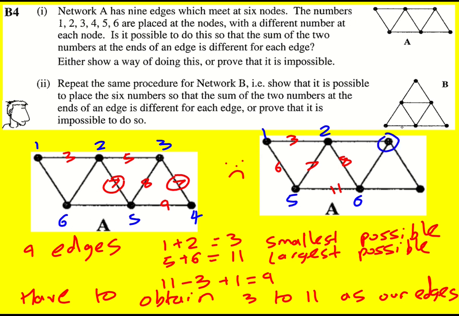But let's take a look at this number here. If I put 4 here, then I'm going to get another 6. So I don't want to do that. If I put 3 here, then I'll be okay. But then when I put 4 here, I'm going to get 7. Basically, because I have to put 3 and 4 in still, I'm definitely going to get 7. So that is still not working.